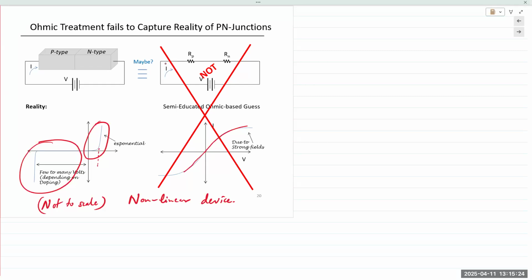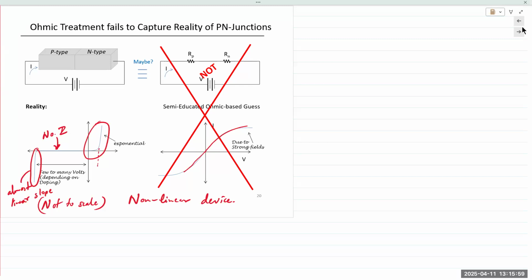And at some point, you have a large increase. So no current flow, and then an almost linear slope where the current increases dramatically. That happens when you apply a negative voltage to the same PN junction.